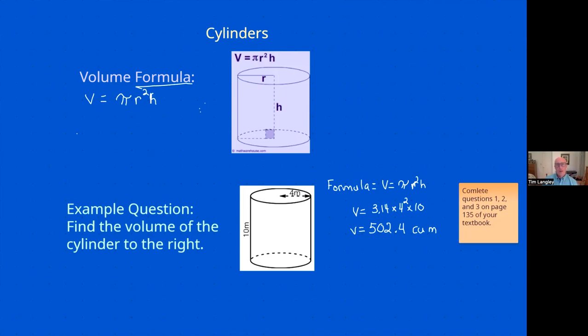The volume for a cylinder, like this shape here, this pop can, is pi. You remember we introduced this concept of pi. That's our Greek symbol. Times r, which is the radius squared, times the height, h.